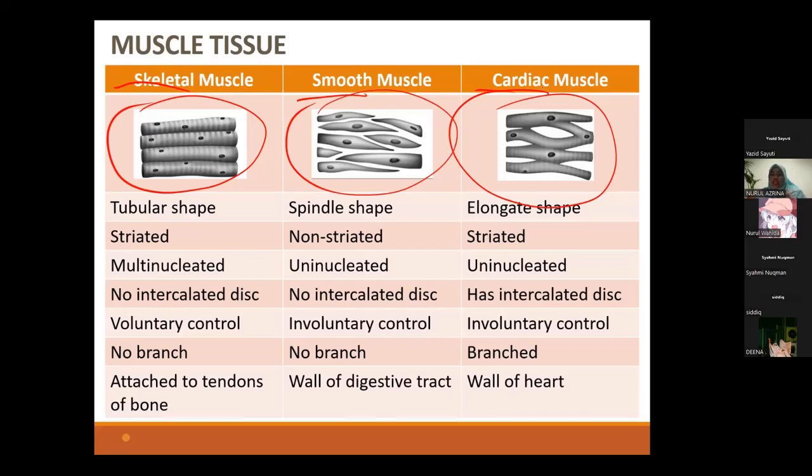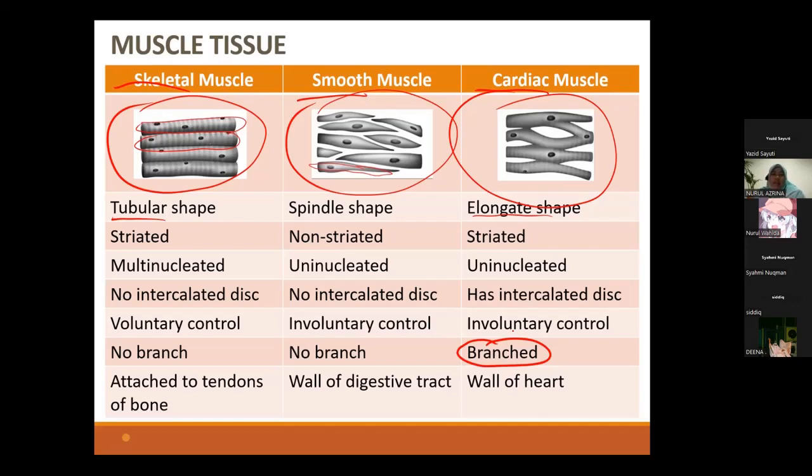So in terms of structure, skeletal muscle is tubular in shape. For smooth muscle, it is spindle shape like this, bentuk tirus, all right? And for cardiac muscle, it is elongated and branched, dan juga bercabang, elongated branched cell.